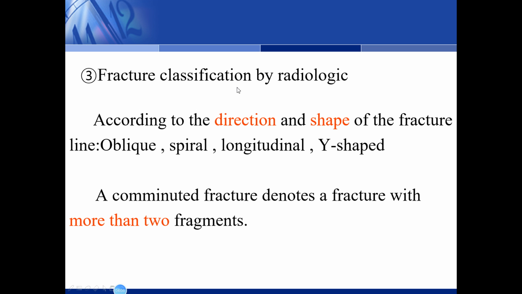Fracture classification by radiology. According to the direction and shape of the fracture line, it may be oblique, spiral, longitudinal, Y-shape. A comminuted fracture denotes a fracture with more than two fragments.